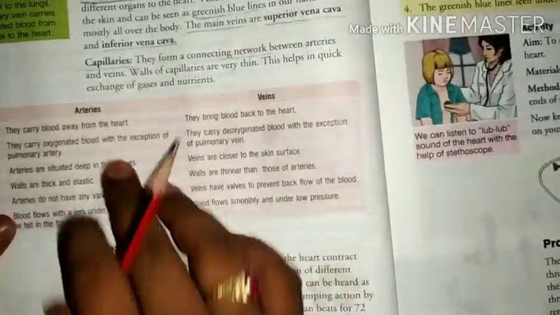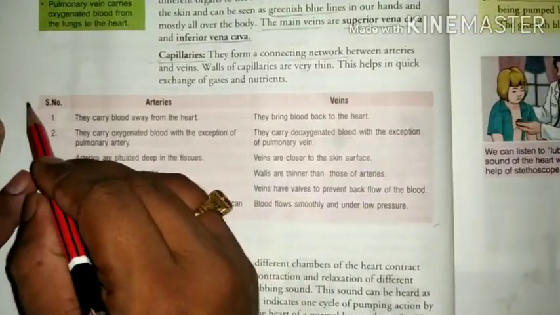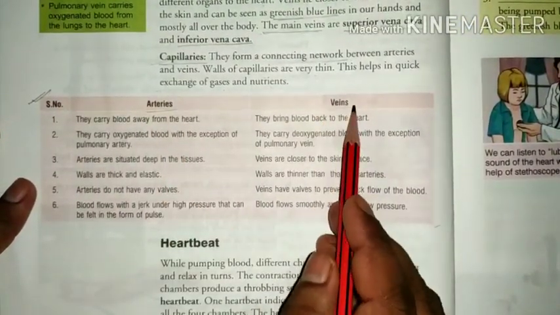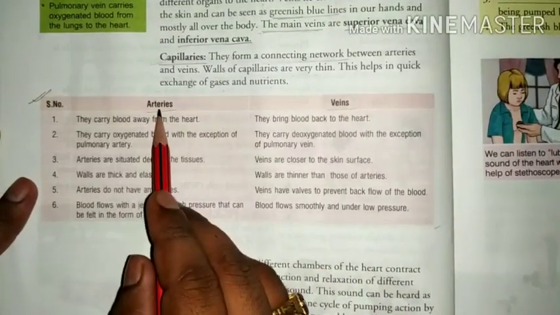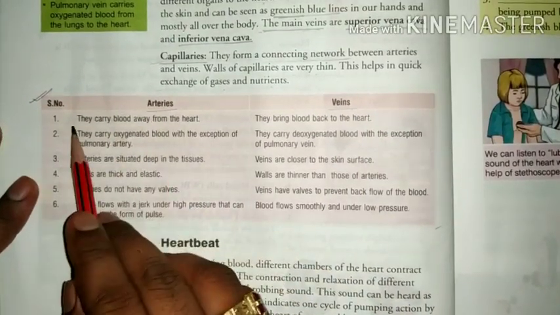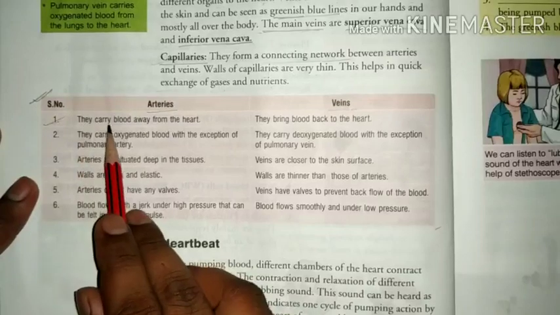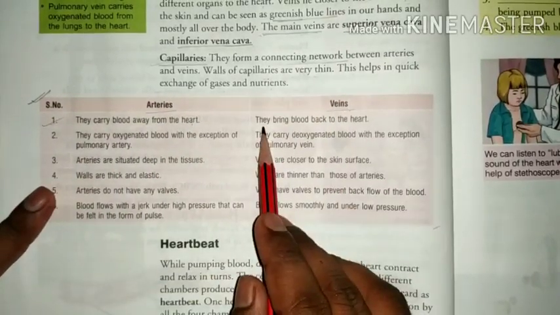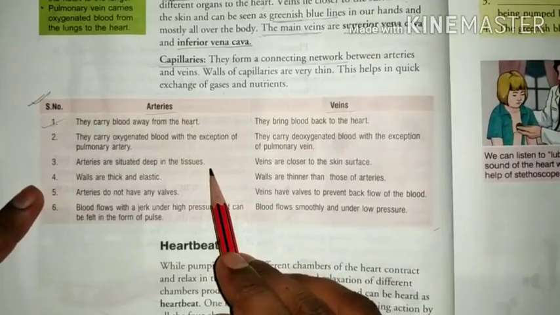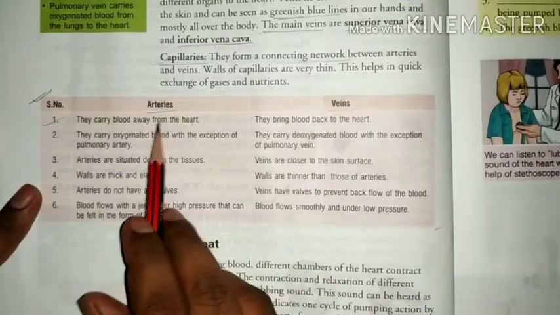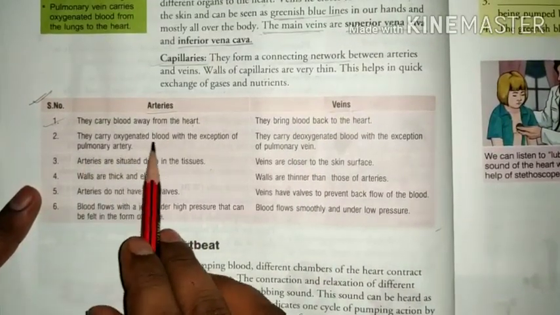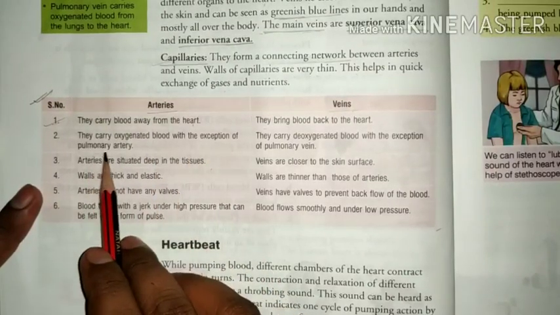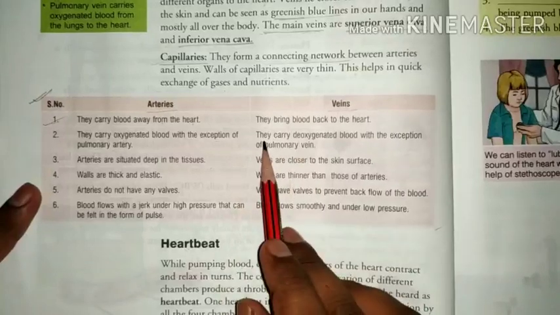So here is the difference between arteries and veins. First difference: arteries carry blood away from the heart, but veins bring blood back to the heart. Arteries carry oxygenated blood with the exception of pulmonary arteries.